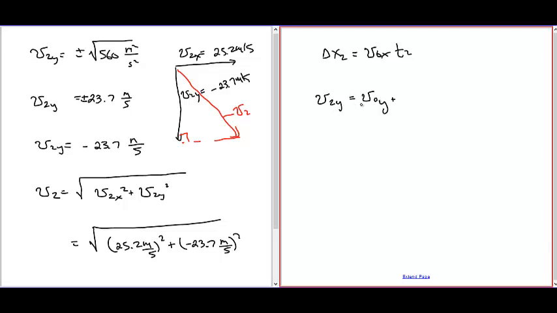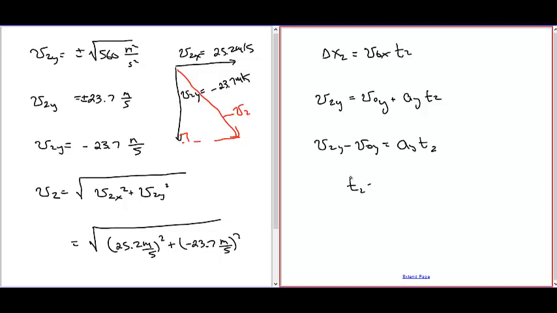So there's v2y is equal to v0y plus a sub y times t2. In this case, these are both non-zero. So first thing we do is we subtract v0y from both sides, and then we divide by a sub y.